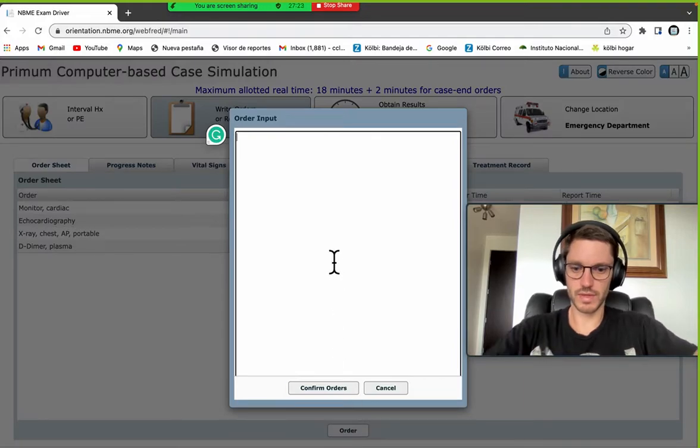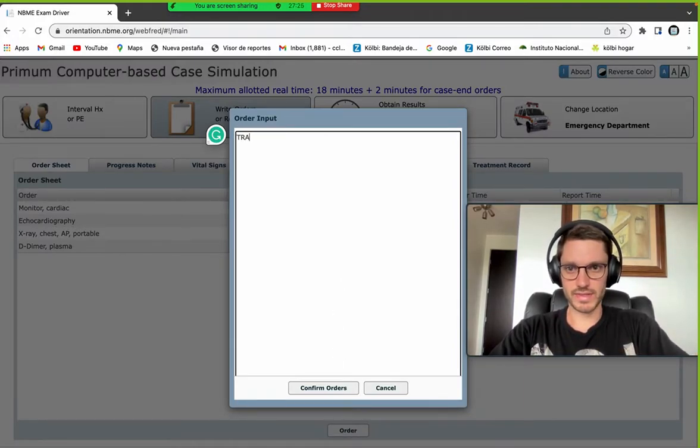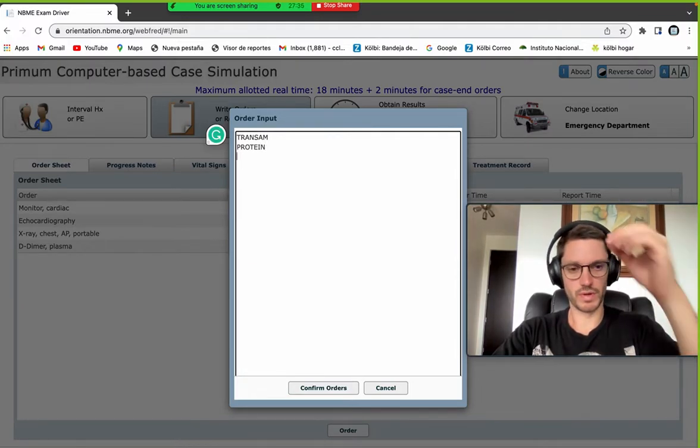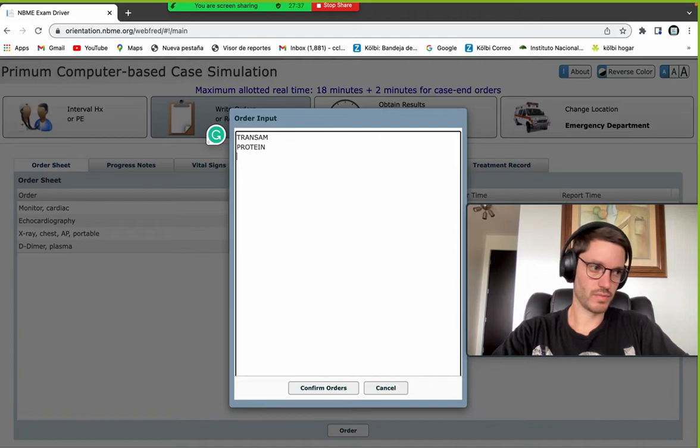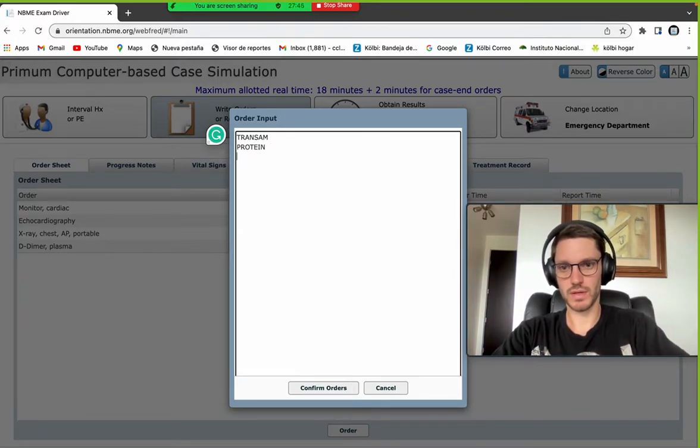Let's add the transaminase. Let's add transaminase, protein. We need the fundoscopy. And what else? Another EKG. Let's see what happens.